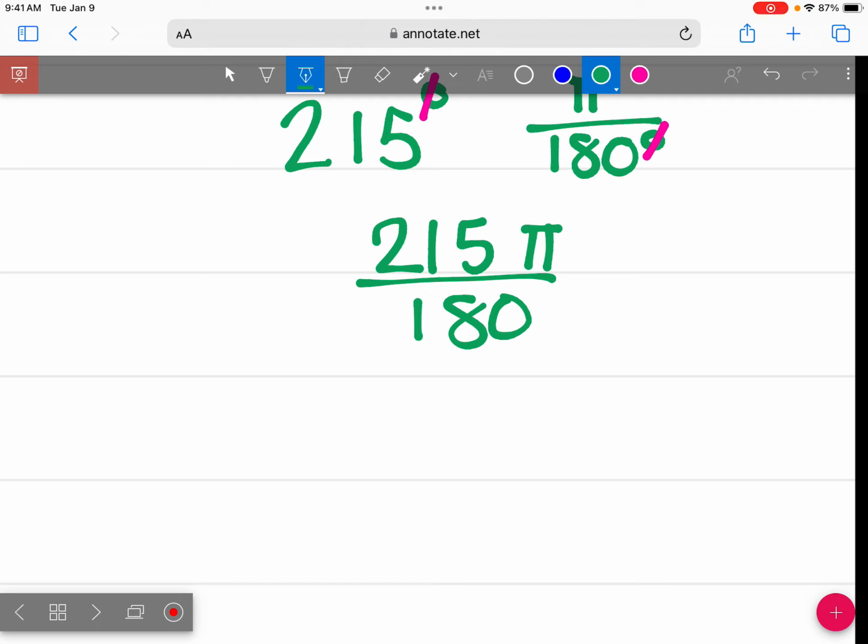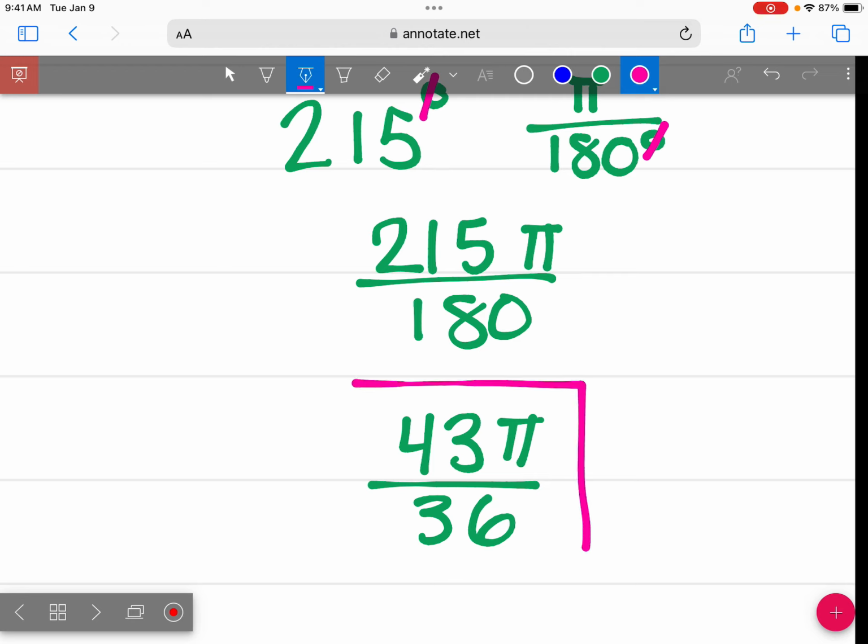And we can simplify that. Exactly right. 43 pi over 36. I know that doesn't seem like it helped at all, but it did. I promise, once we start working with them and not just using them as a unit conversion, they do make sense.